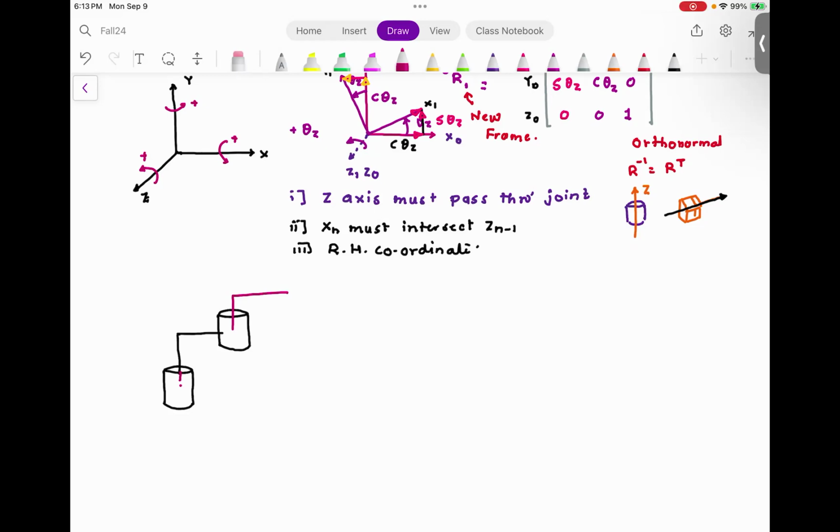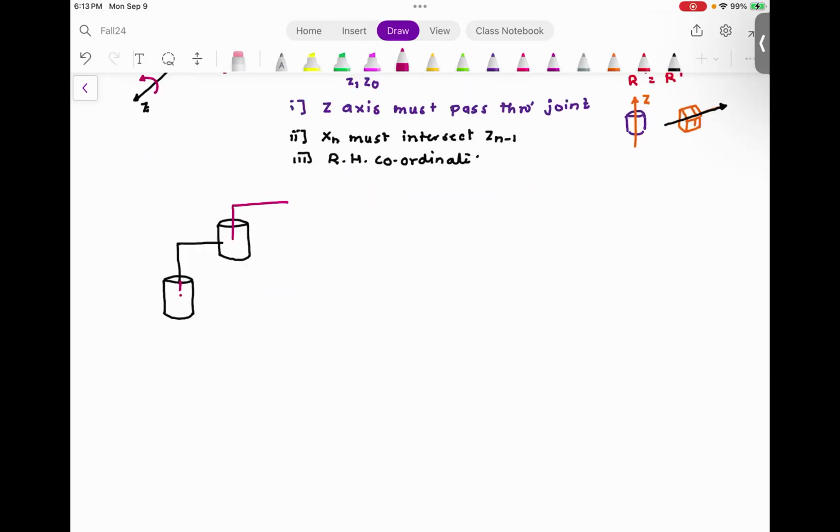Basically, if you look at this robot from top, this robot is nothing but a pendulum with two masses. So if I were to draw the robot, you would notice in the current configuration that I have shown, this is like the first pendulum.